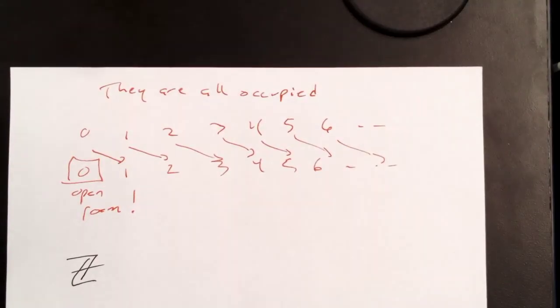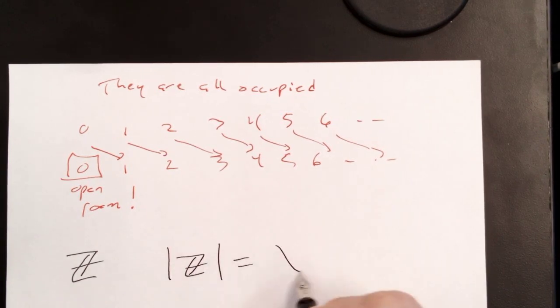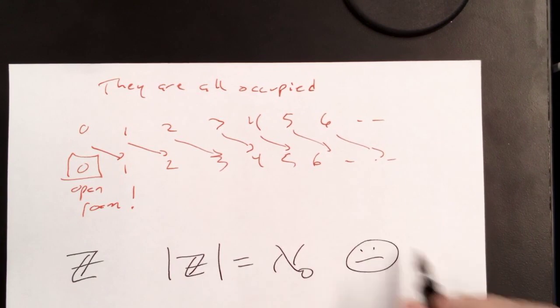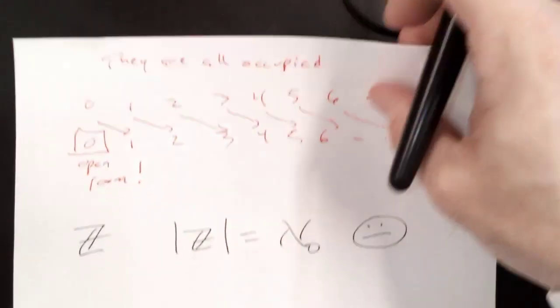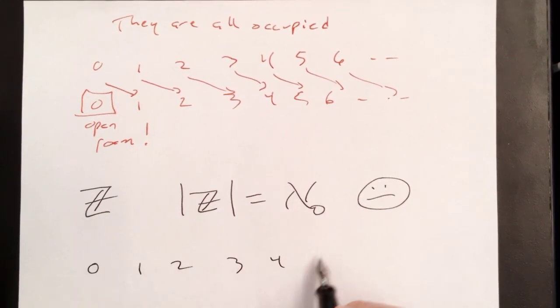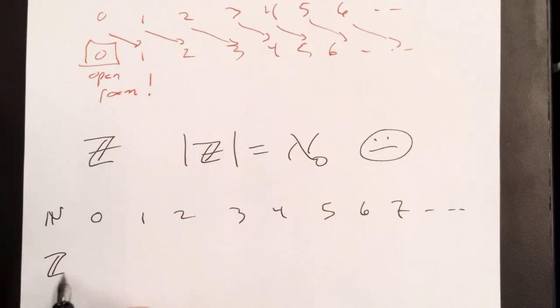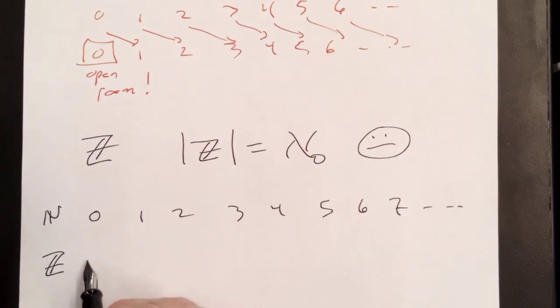Clearly there are more integers than there are natural numbers, right? No. Why? Here are the natural numbers. Here are the integers. I'm going to make a 1-to-1 and onto function. Somebody flip a coin for me.